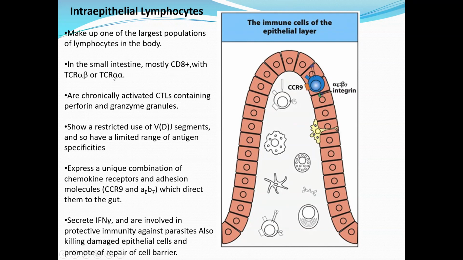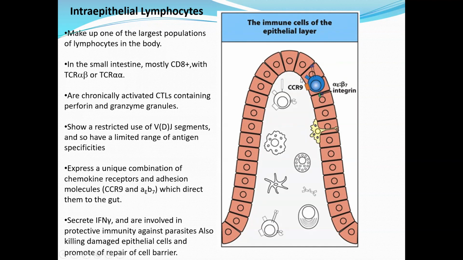But some of them also contain unusual types of cytotoxic T cells where they only have the alpha chain. So they are double alpha-alpha T cell receptors. And then you also have some that have the gamma delta T cell receptor.